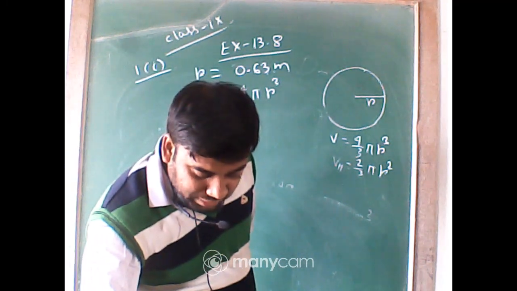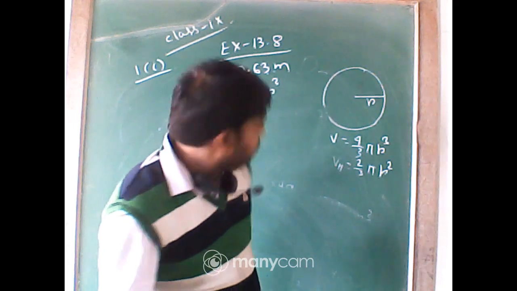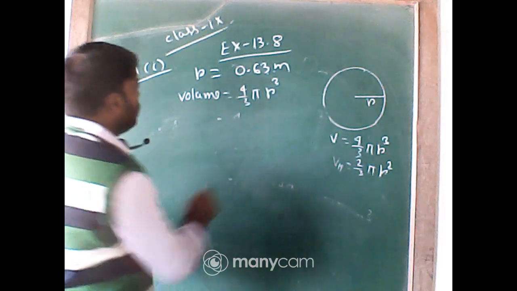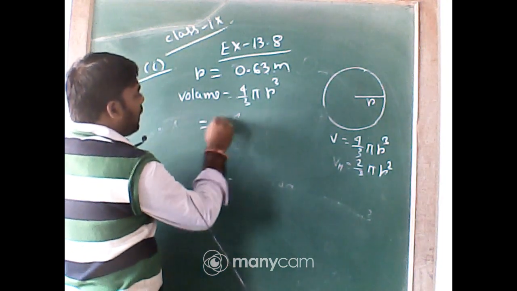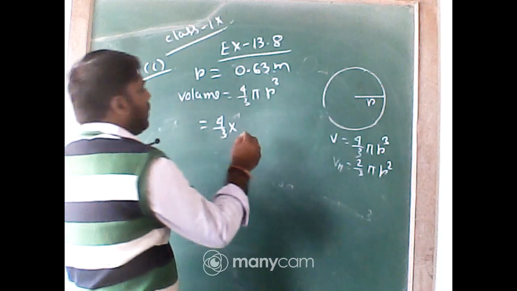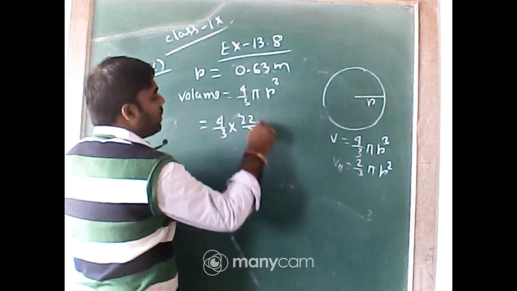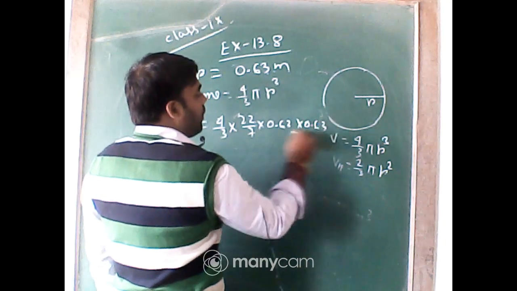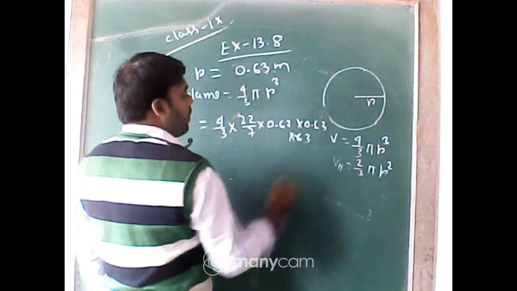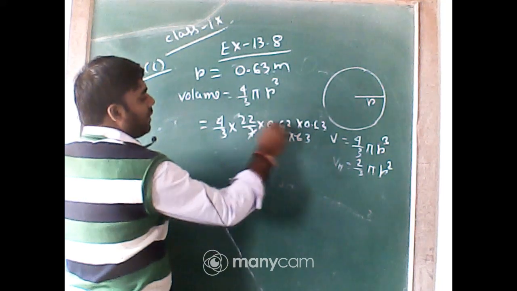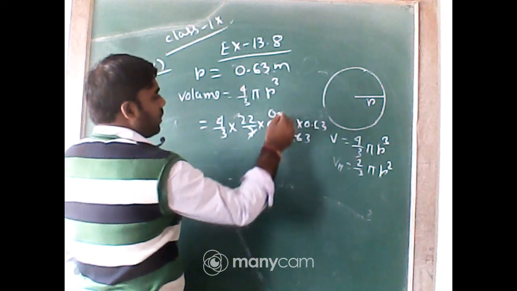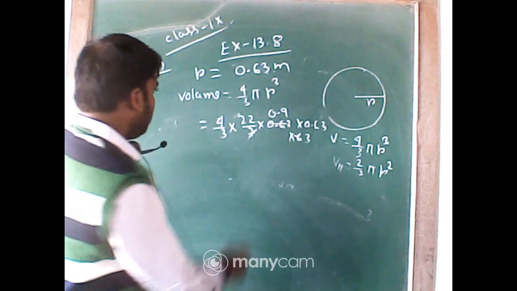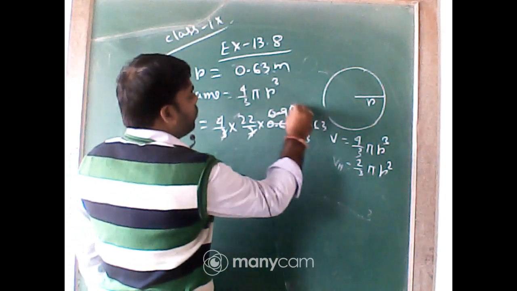So with 0.63 meter, the volume will be 4/3 pi. Pi means 22/7 and r cube means 0.63 into 0.63 into 0.63. Now cut it by 7, that will be 0.9, and if you cut it again it's 0.3.